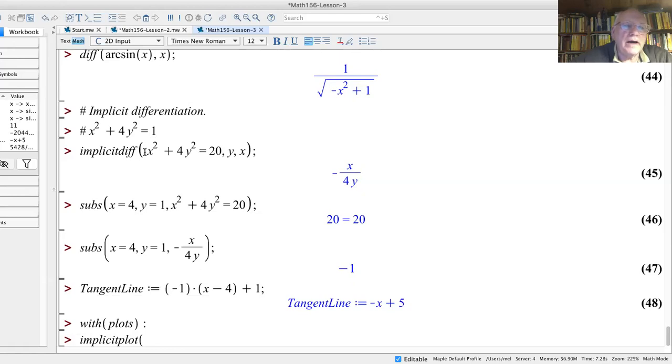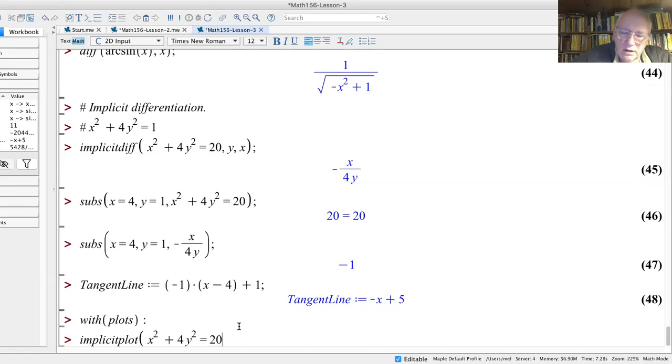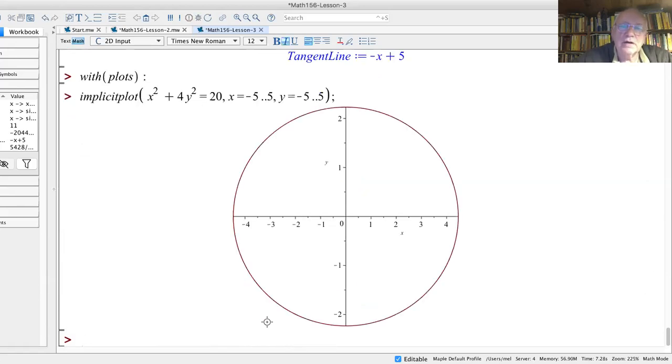So I have this curve, and let's say I want to graph it where x goes from minus 5 to 5 and y goes from minus 5 to 5. I'll change that in a moment, but let's just see what happens.